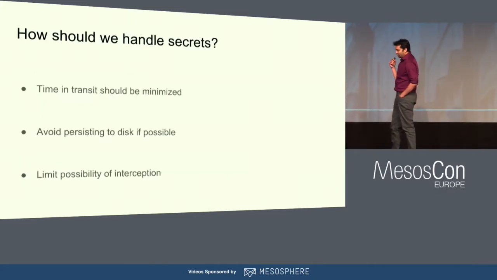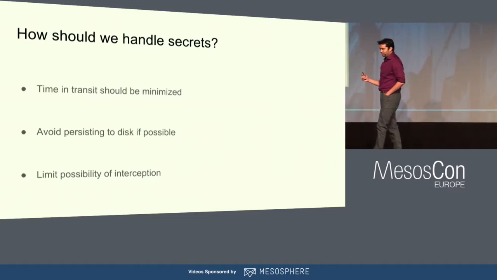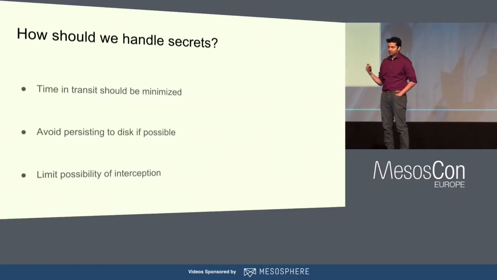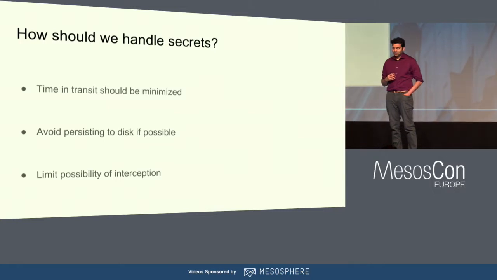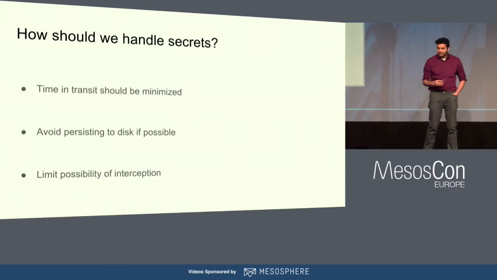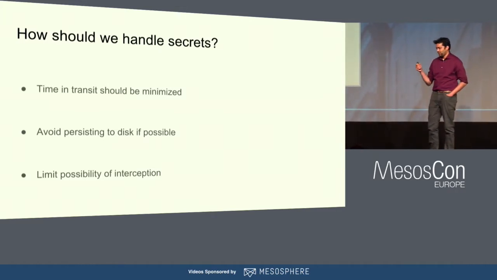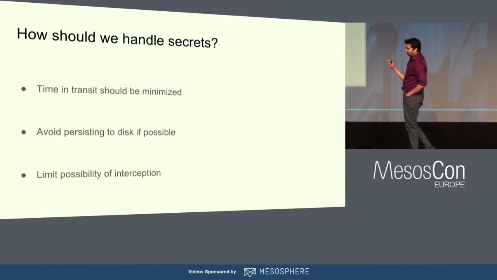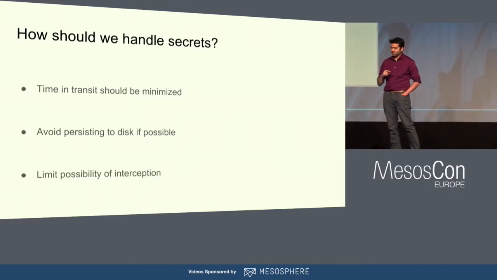So how should we handle secrets in a huge distributed cluster like a Mesos cluster, when you have thousands of machines and you have frameworks and schedulers and agents and tasks? The biggest thing we need to keep in mind is that the time in transit for a secret should be minimal.